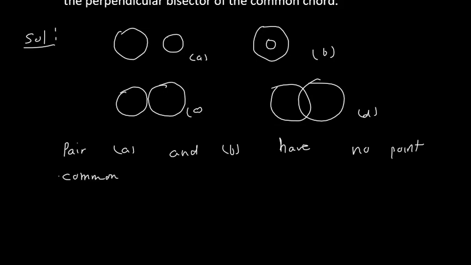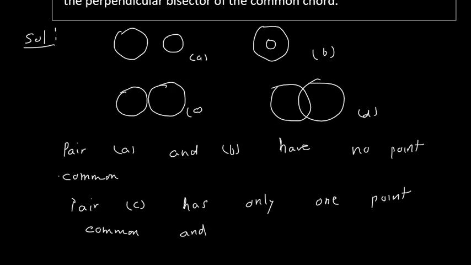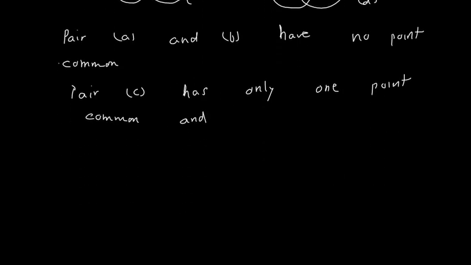Then pair C has only one point common. And pair D has 2 points common.